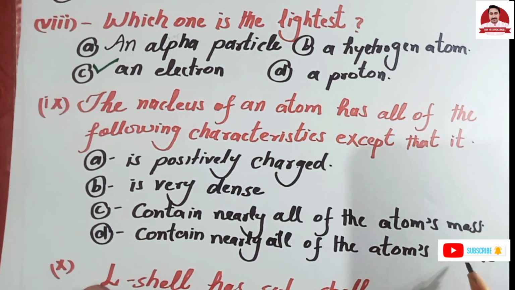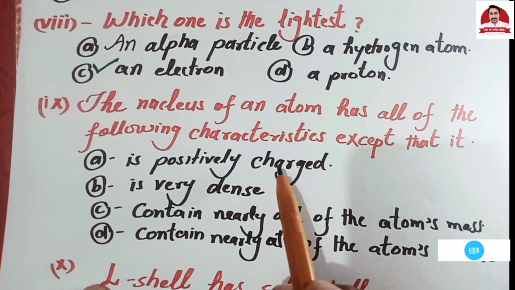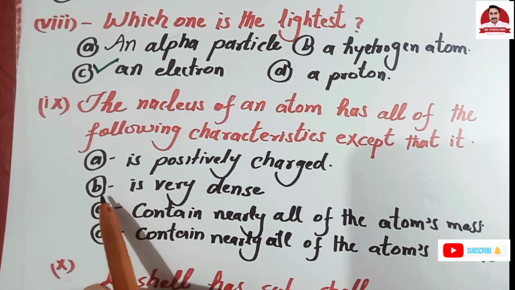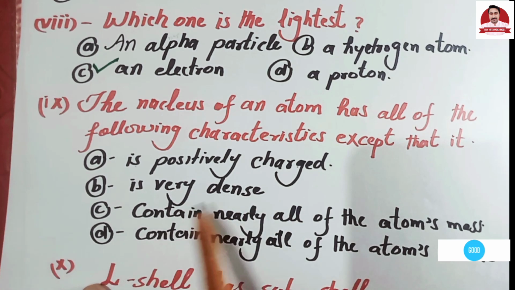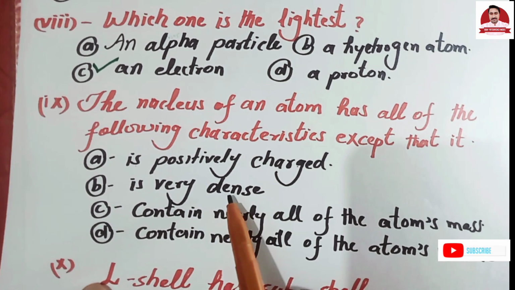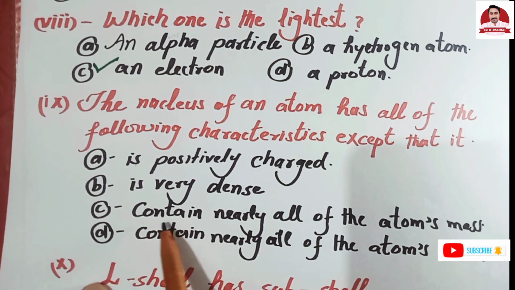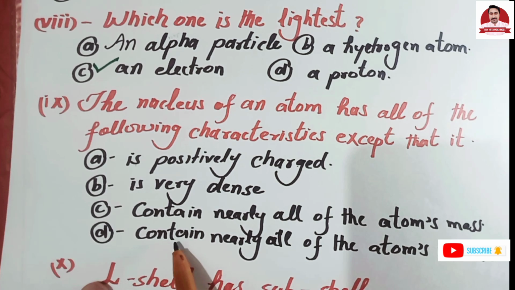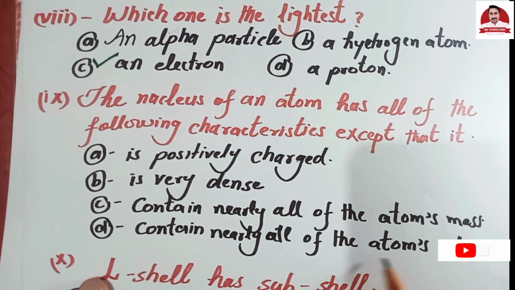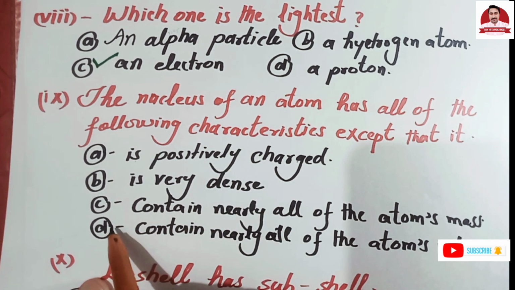Here we can see that the nucleus is positively charged, which is correct. It is a very dense area, which is also correct, and it contains nearly all of the atom's mass, which is also correct. But option D, the nucleus contains nearly all of the atomic volume, is the exception. According to this question, option D is correct.